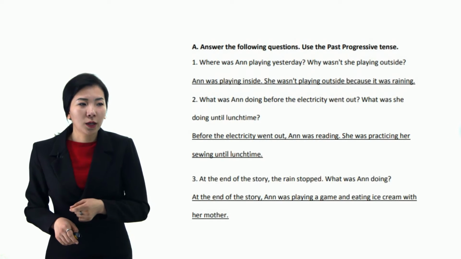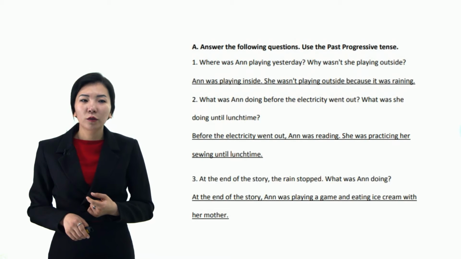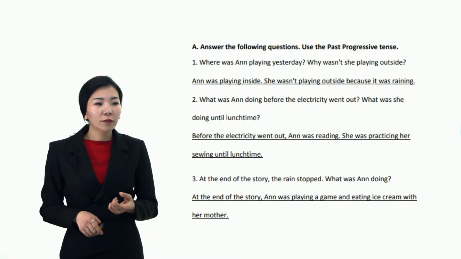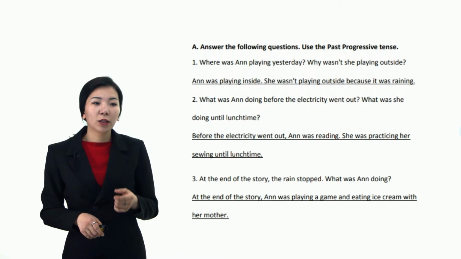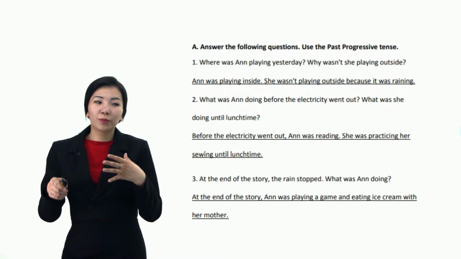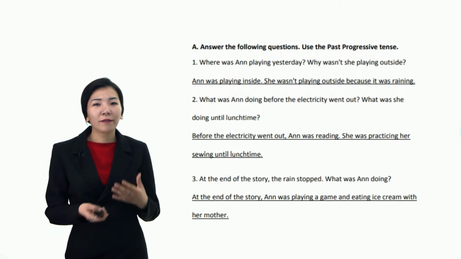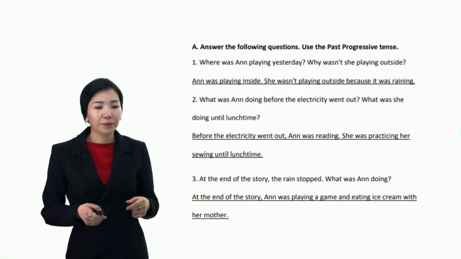Before the electricity went out, Anne was reading, right? She was practicing her sewing until lunchtime. And at the end of the story, the rain stopped. What was Anne doing at the end of the story? Anne was playing a game and eating ice cream with her mom. Yeah, she was having a great time with her mom, as we remember from the text, right?